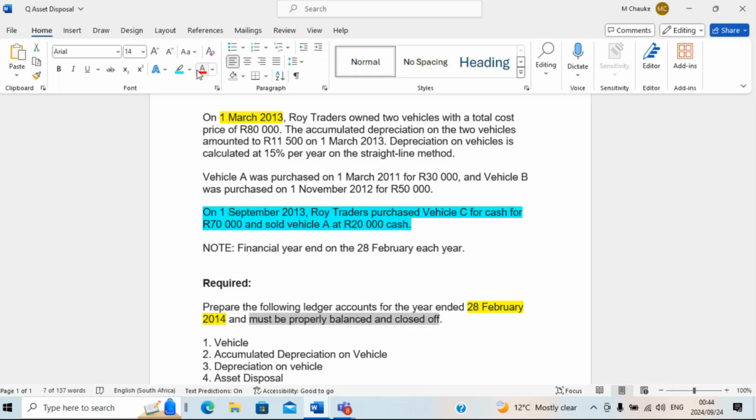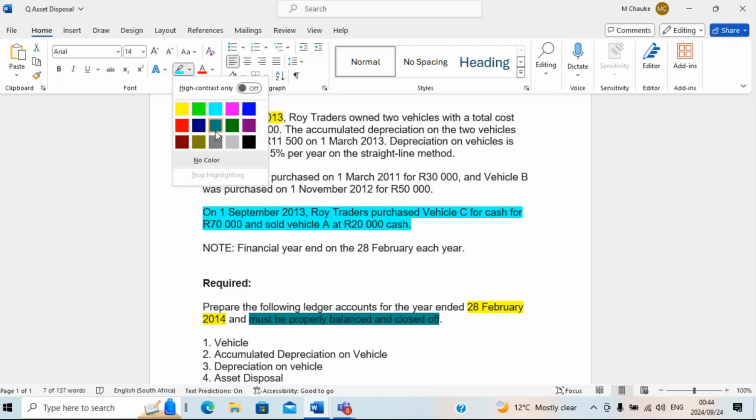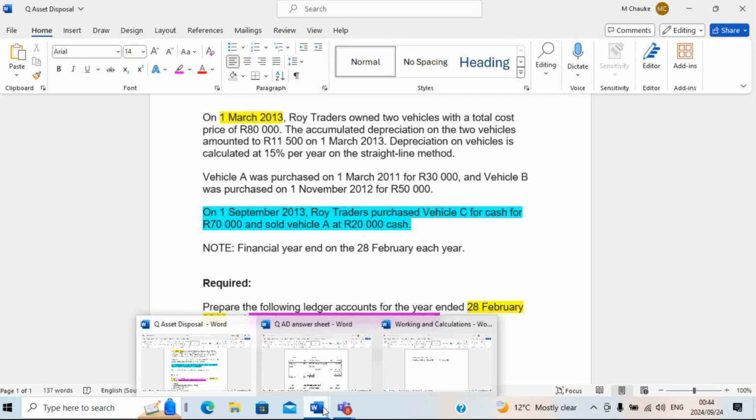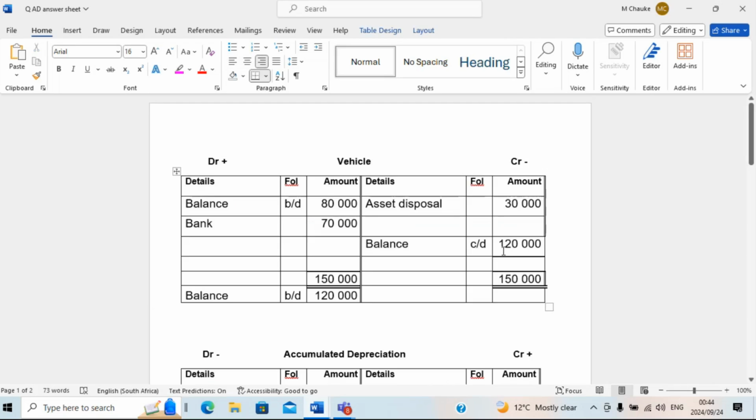So when you balance properly or close off is when you balance off here, you close, you show your totals so that the debit side and the credit side are equal, and you also indicate that the closing balance of this year will be the opening for the following year, right?